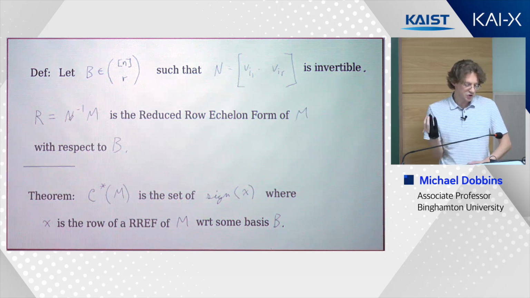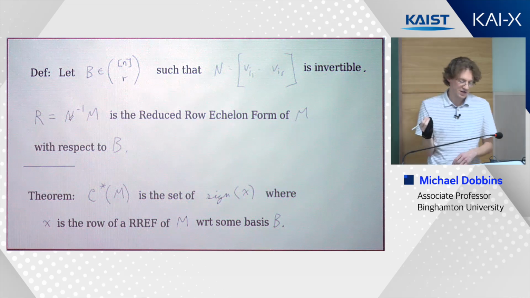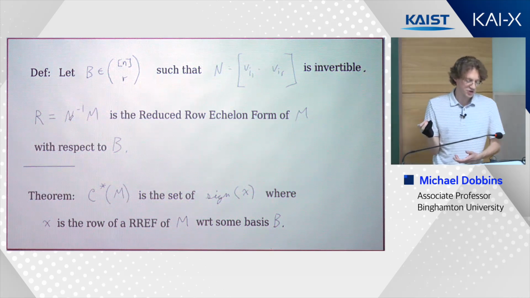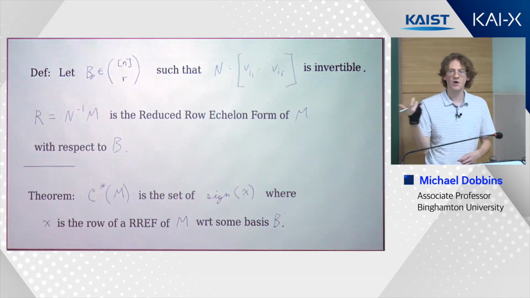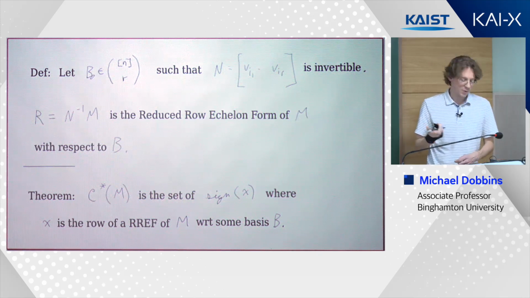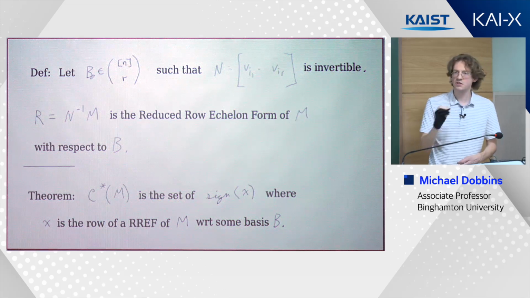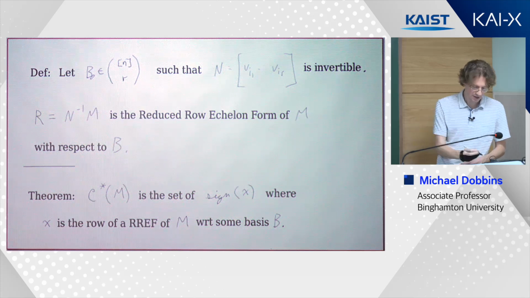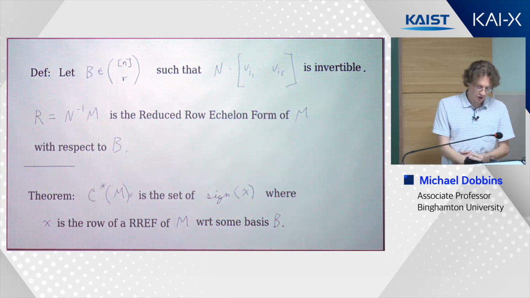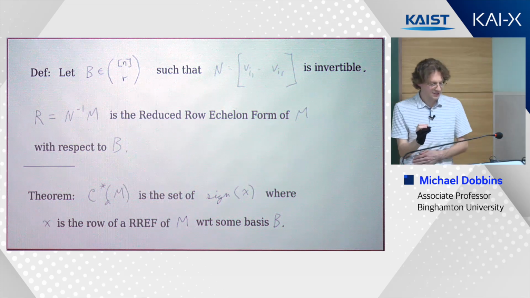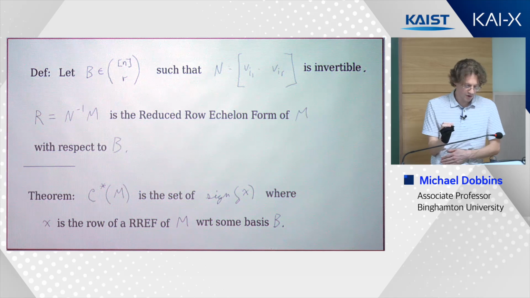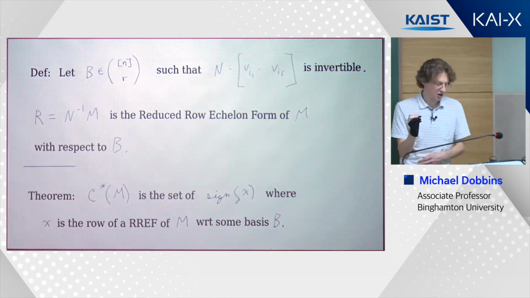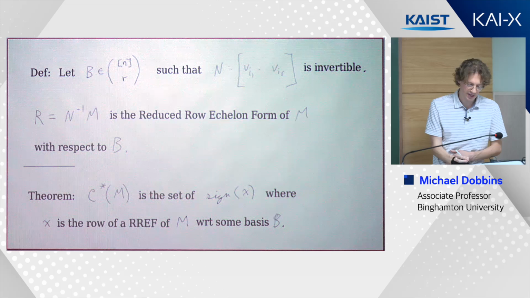In the usual way of finding the reduced row echelon form, you pick the greedy basis to get it as far to the left as possible, but we could pick a different set of columns to reduce to the identity matrix. I claim that the cocircuits are exactly the sign vectors of some row of a reduced row echelon form of the matrix with respect to some basis.